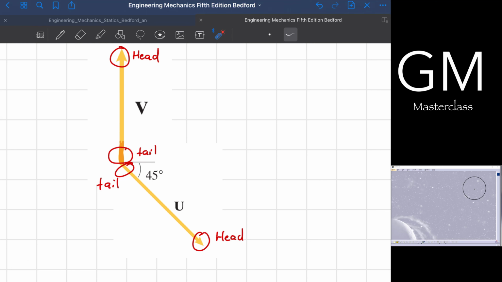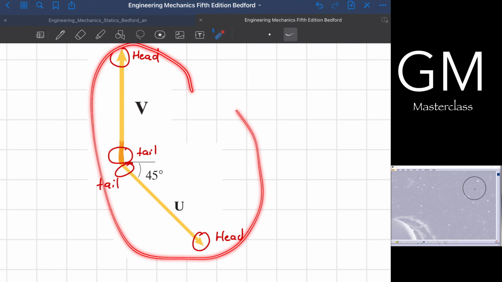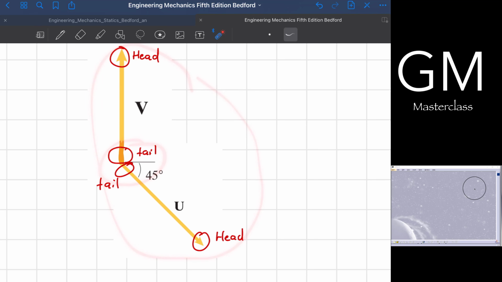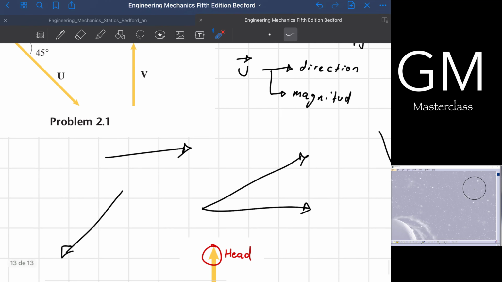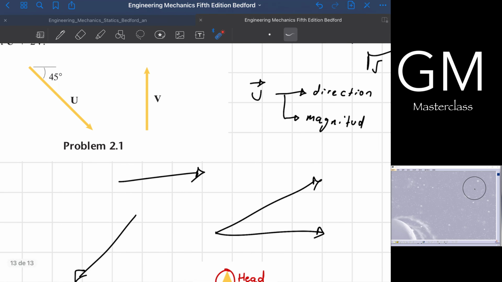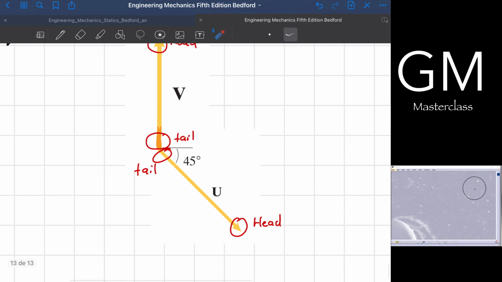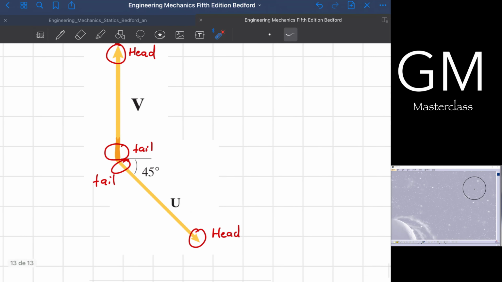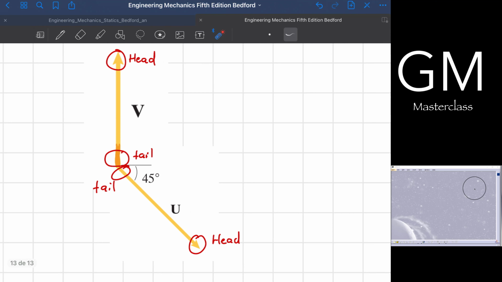Okay, there's no way that this could happen. Tail with tail is not correct. Head with head is not correct. Okay, even if I'm subtracting vectors, because maybe we'll look at that later.